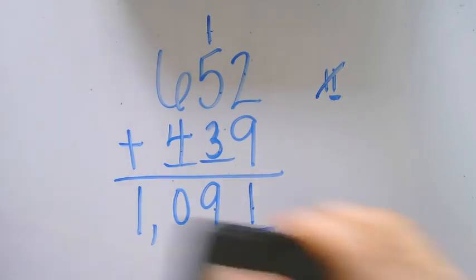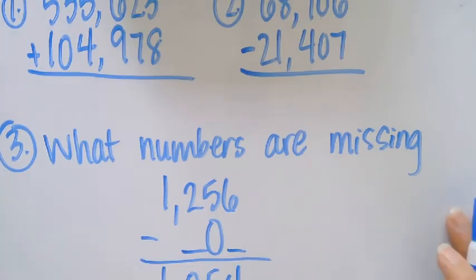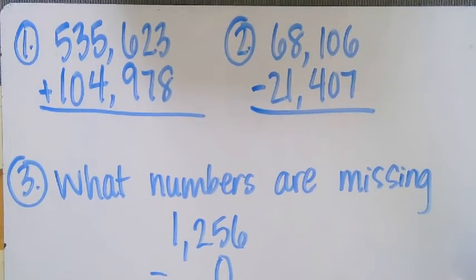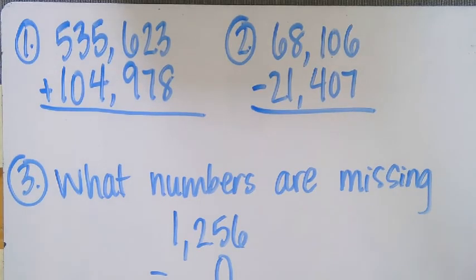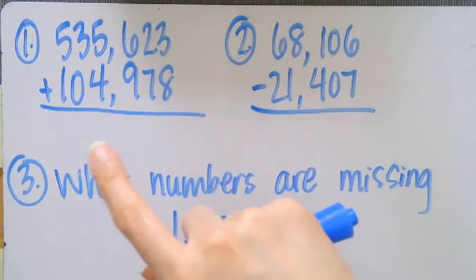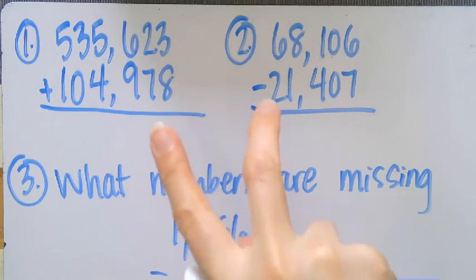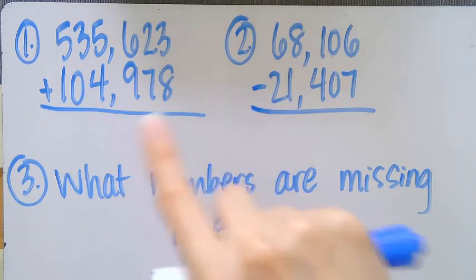All right, I'm going to go ahead and pause and give you your assignment for today. All right, so today's assignment for finding the missing or unknown numbers. Numbers 1 and 2 are just some standard algorithm for addition and subtraction.